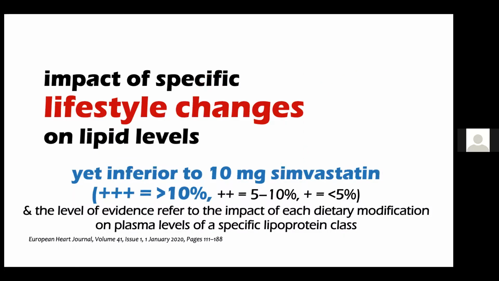And if we think of 10%, that is the reason why in secondary prophylaxis, which is mainly in patients with very high risk that need high intensity statin, you will never offer lifestyle modification alone, because every single lifestyle change will not even beat 10 milligram of statin.